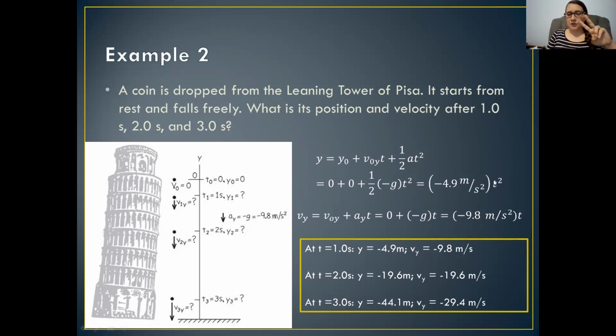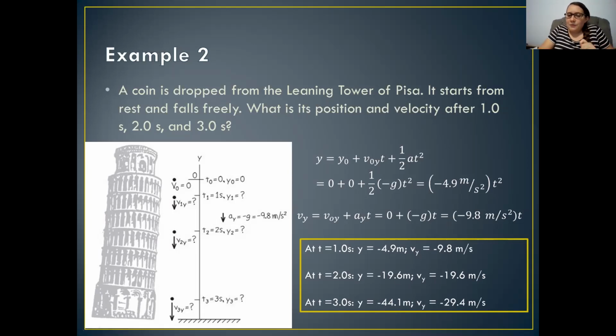At 2 seconds, we just plug in 2 for t, so we get a position of negative 19.6 meters and a velocity of negative 19.6 meters per second. At 3 seconds, we just plug in 3 for t, and so we get a position of negative 44.1 meters and a velocity of negative 29.4 meters per second.